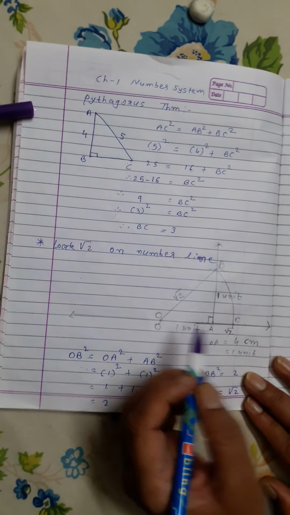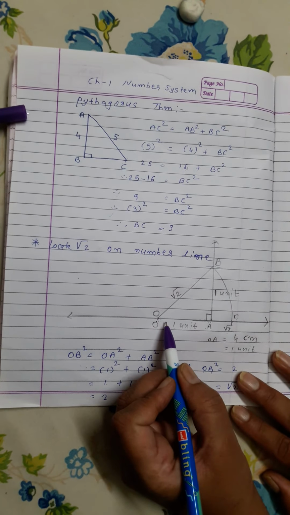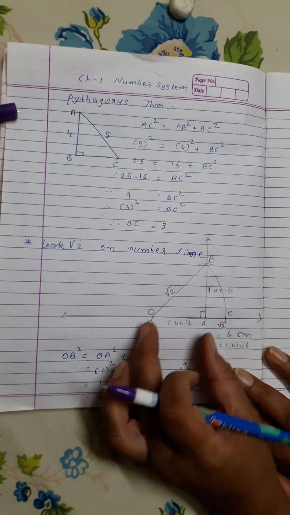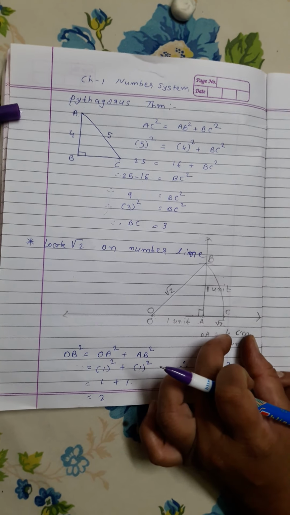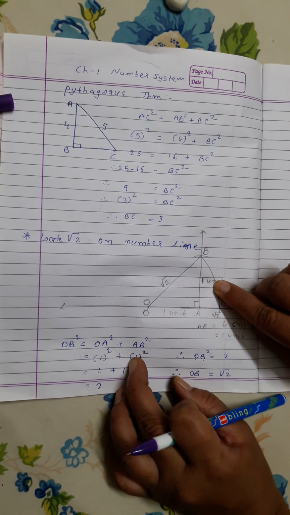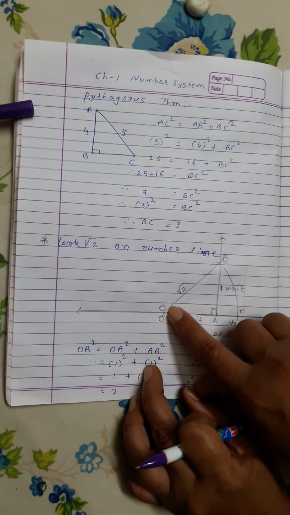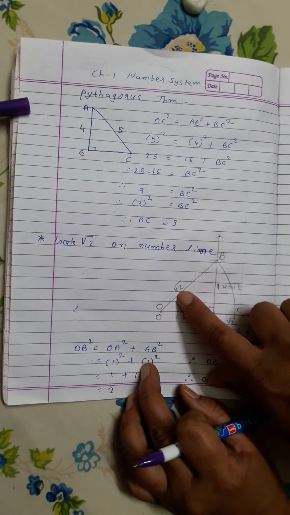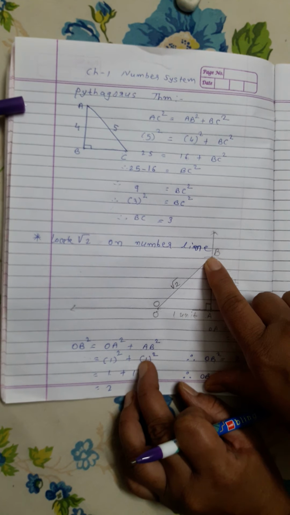So what have we done? We have used the Pythagoras theorem. Take OA as 1 unit, that is 4 centimeter. AB is also 4 centimeter, that is 1 unit. Draw a right angle here. So we have the hypotenuse OB equal to root 2, and take this length.